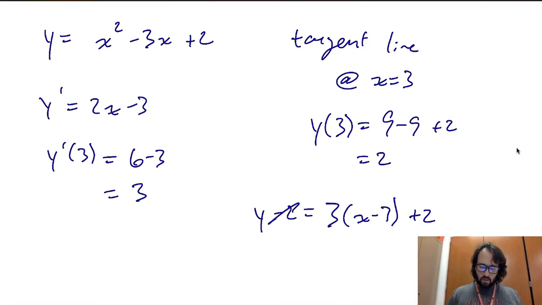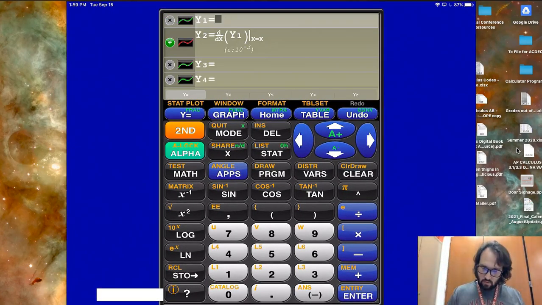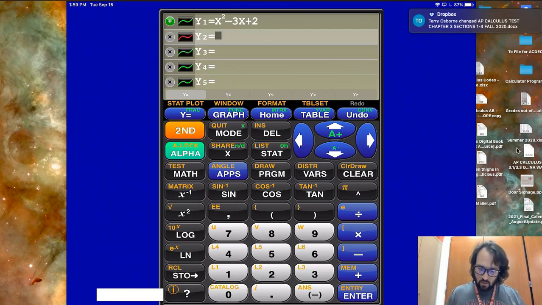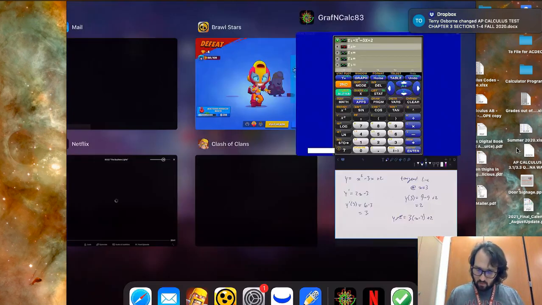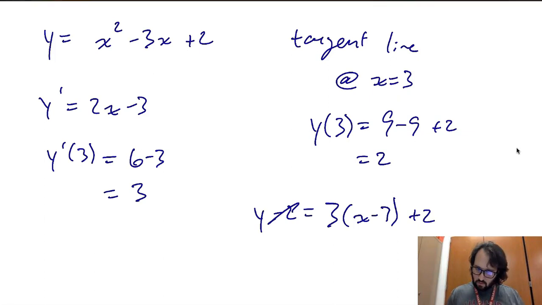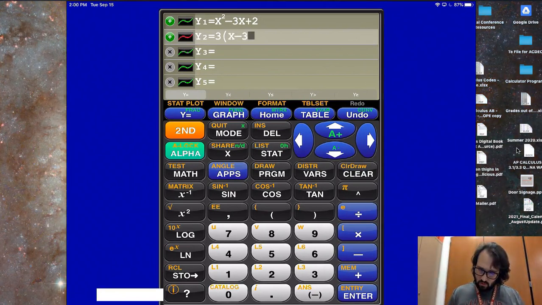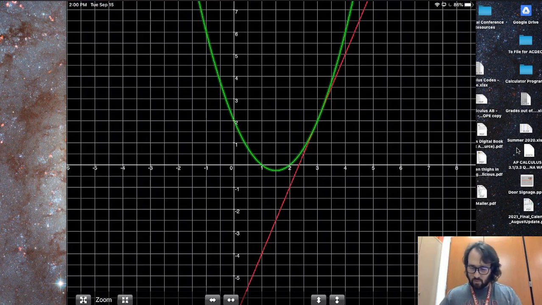So what I could do is graph x squared minus 3x plus 2, and then I want to graph my line, 3 times x minus 3 plus 2. And I want to see if it's tangent at x equals 3.